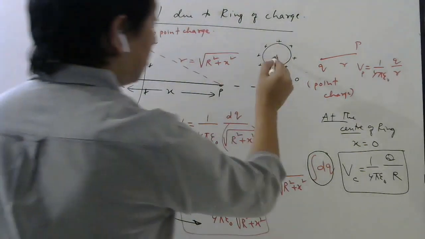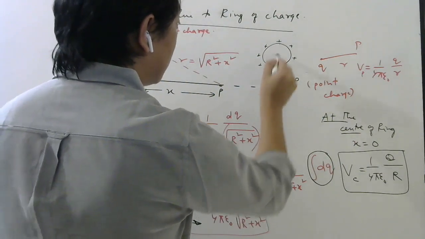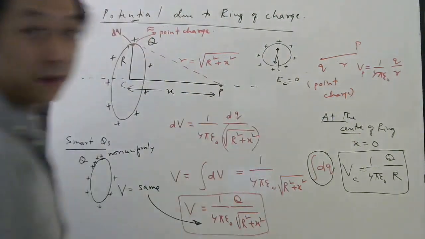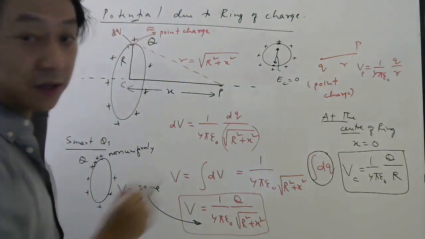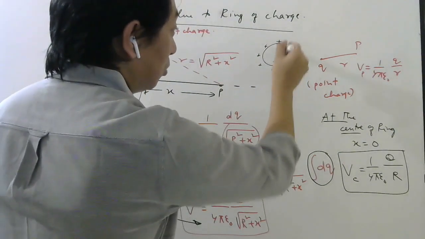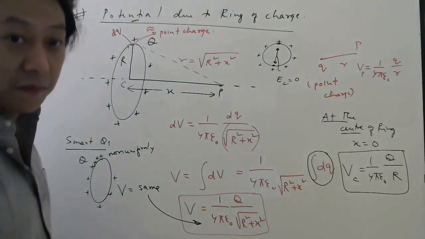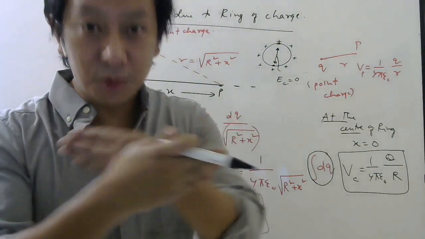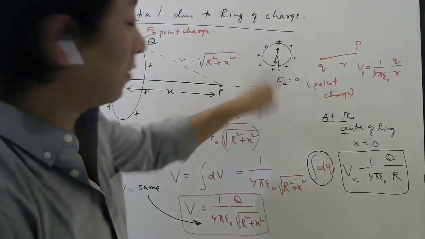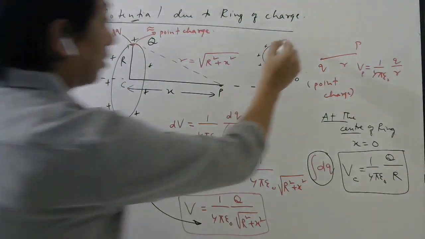Because this charge will produce electric field away, this charge will produce away, and since the charges are same, the electric fields due to those two charges are also same. Two electric fields same in magnitude, opposite in direction, so total electric field will be 0 if it is uniformly distributed.